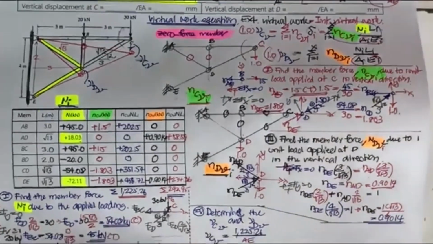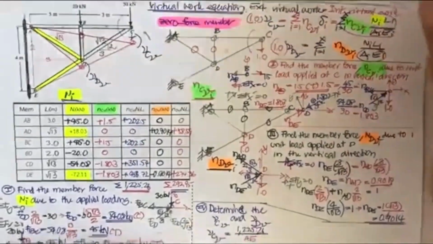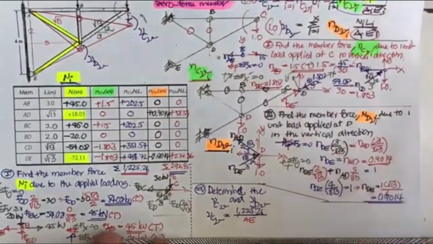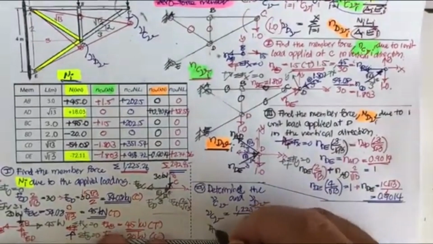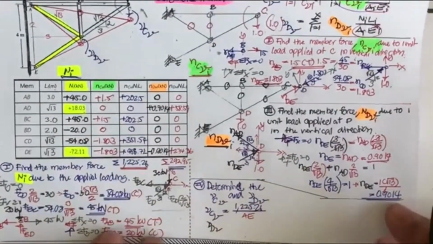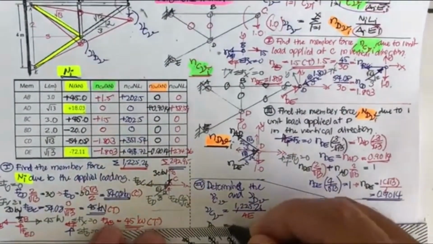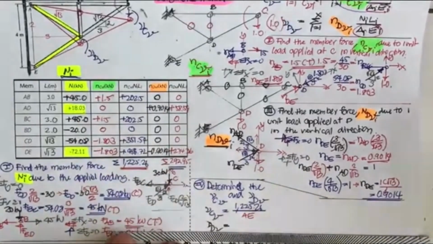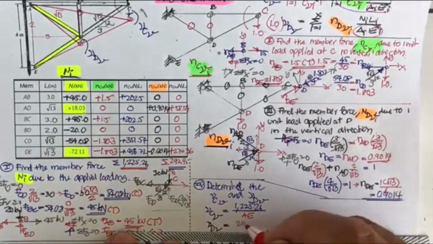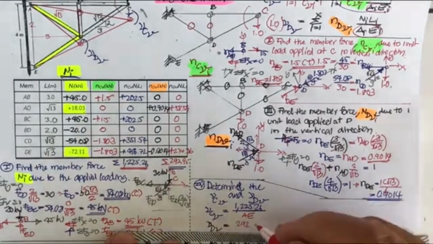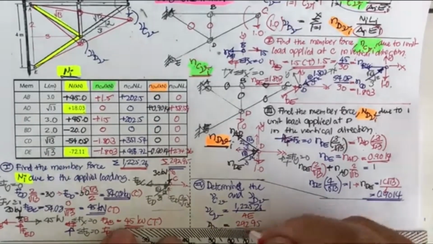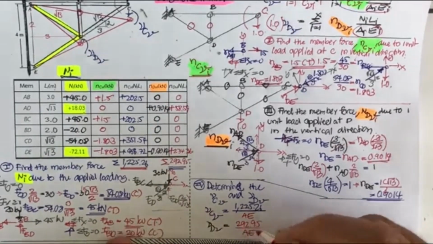Another one, you have V sub DV. That is going to be equal to this times 292.95, and then divided by AE.